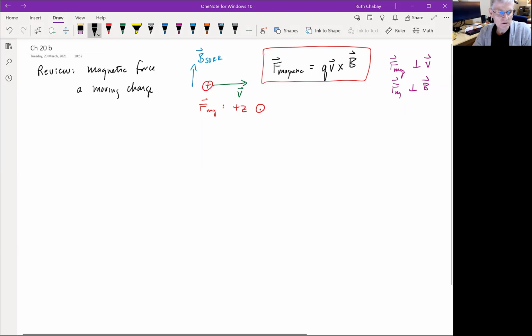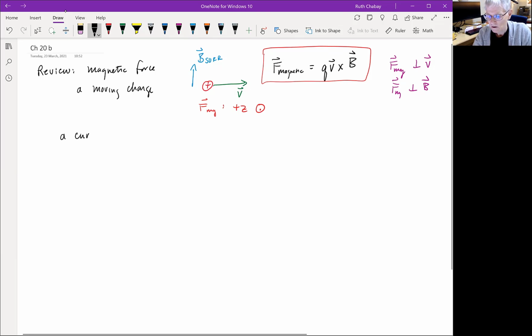We also found the force on a piece of current-carrying wire just by adding up the forces on every moving charge in the wire. Not a big surprise.